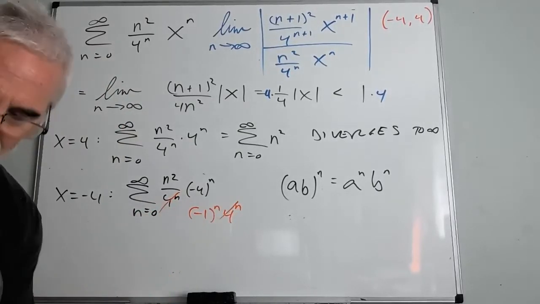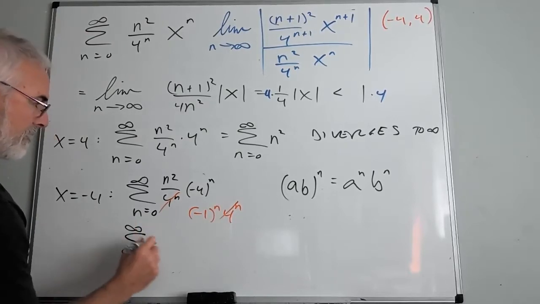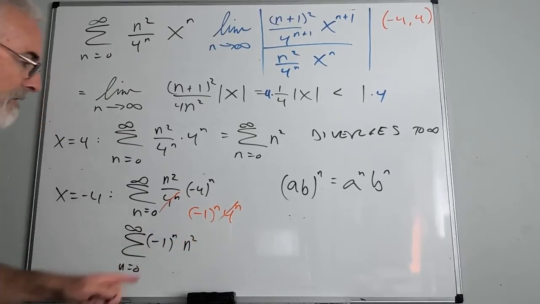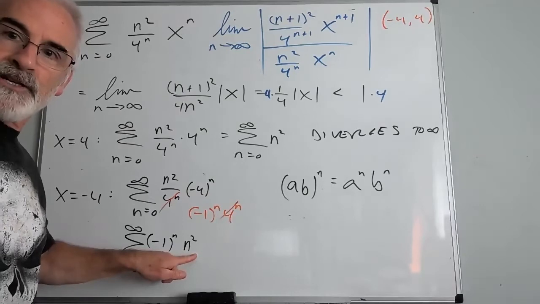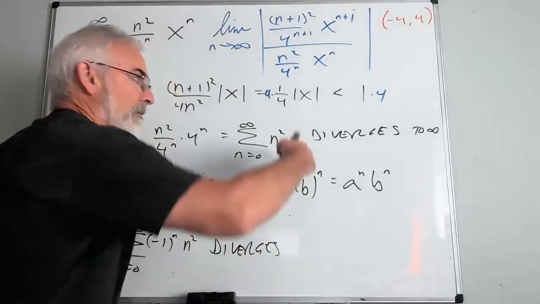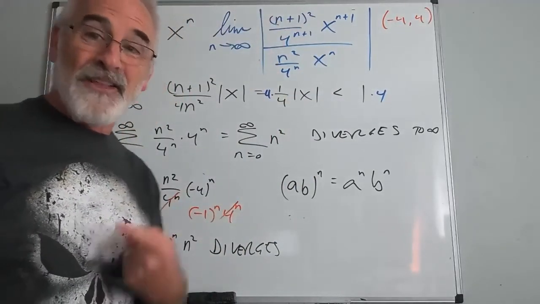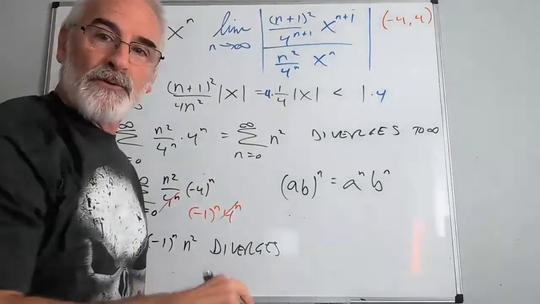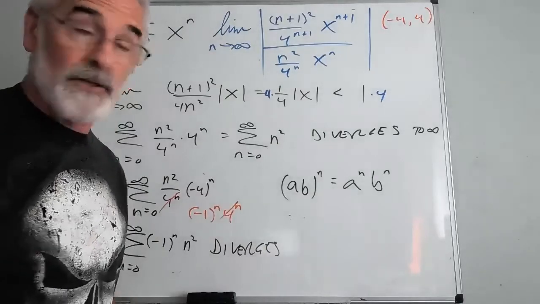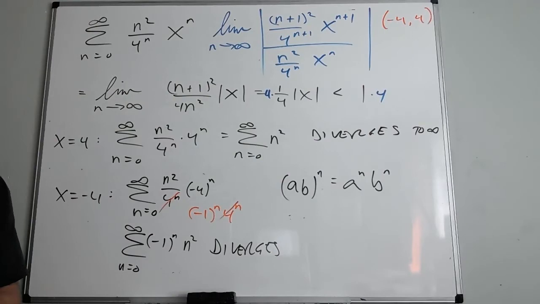So what have I actually got? I've got -1 to the n times n squared. But these are growing. These are not approaching 0. So this diverges. How do I know? Because these are growing, they're not approaching 0. This thing here not only gets really big really fast, this is the other kind, the horrible bouncing one. So this particular one, that's my answer. It did not converge at either endpoint.